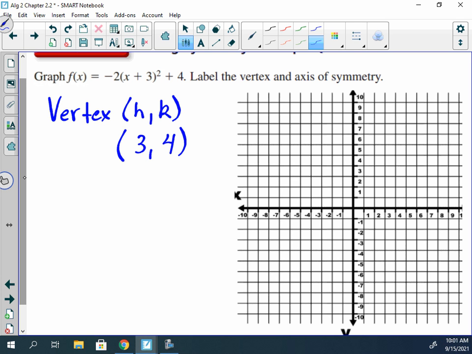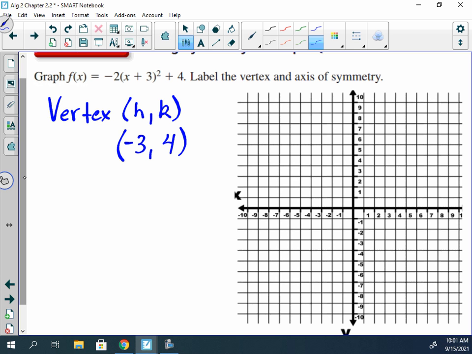Yes, but not quite. There's one thing that we do need to change with 3 comma 4. Does anybody know? Yes. Because remember, inside those parentheses, it's x minus h.